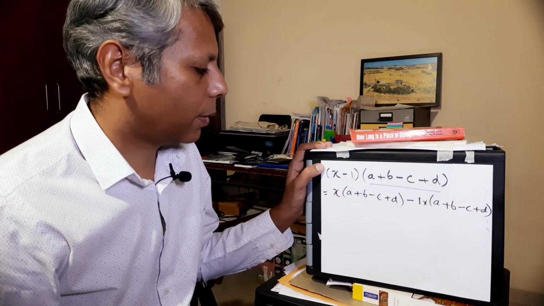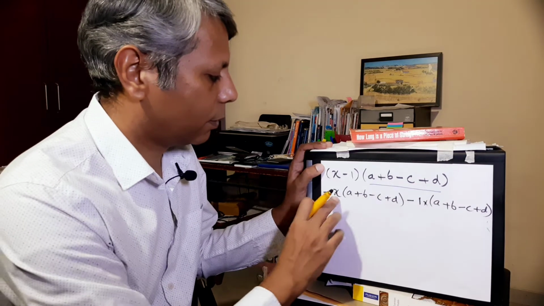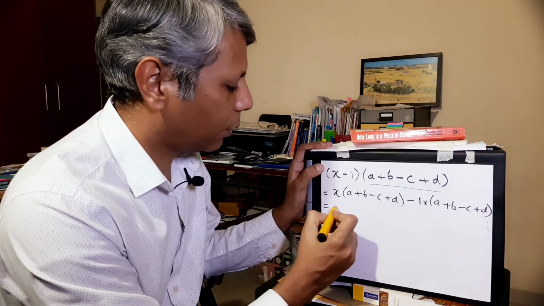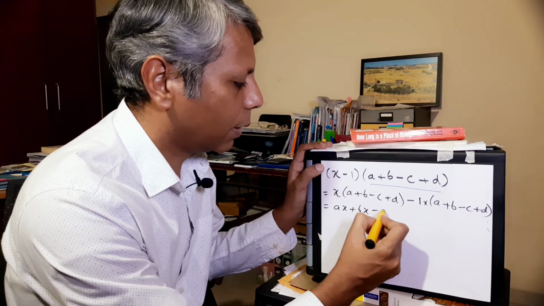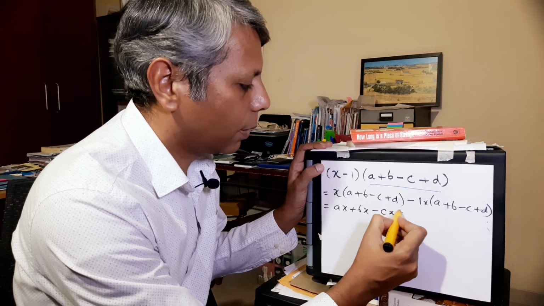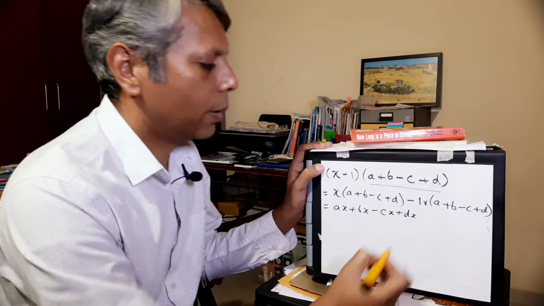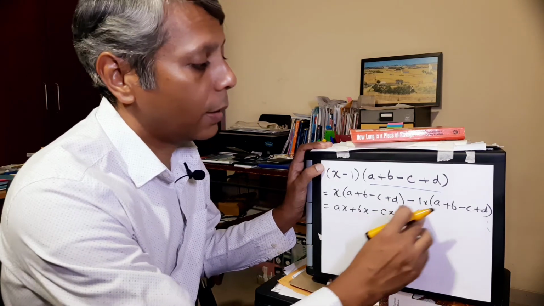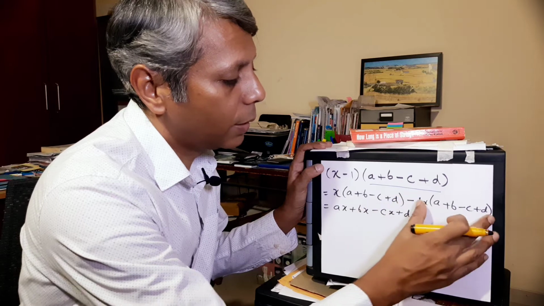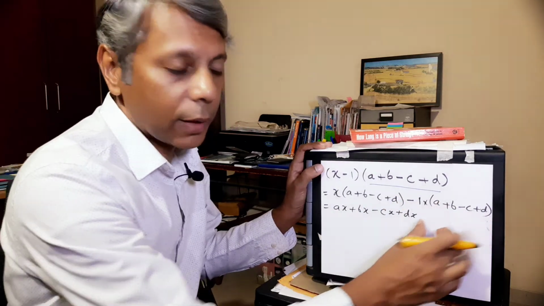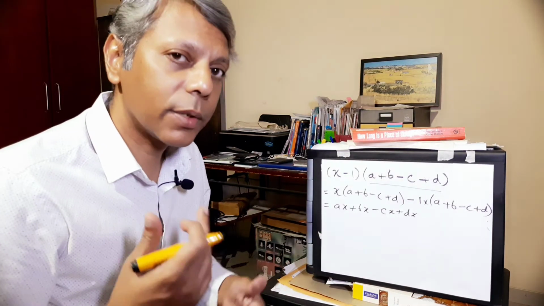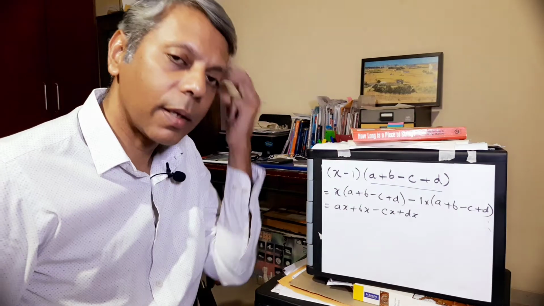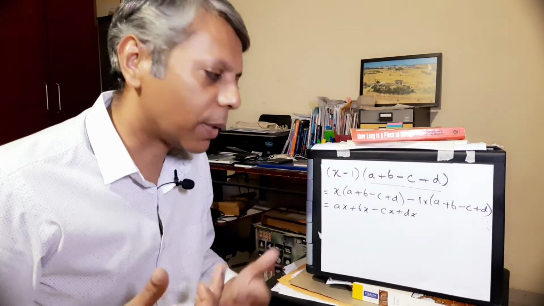Now, if you multiply inside, you will get ax plus bx minus cx plus dx. And when you have a minus 1 into this, if you open the brackets, every sign inside reverses. All the pluses become minus, and each of the minuses become plus.